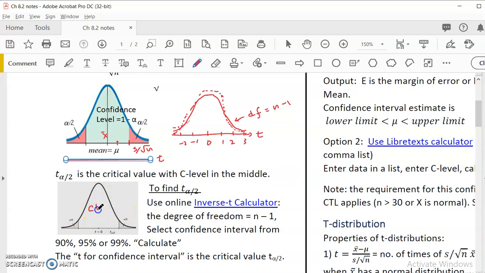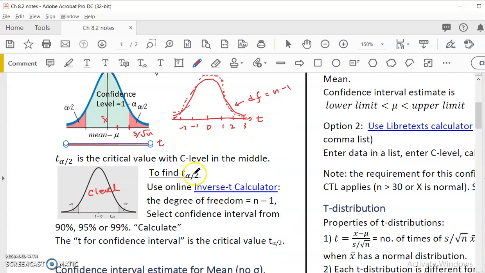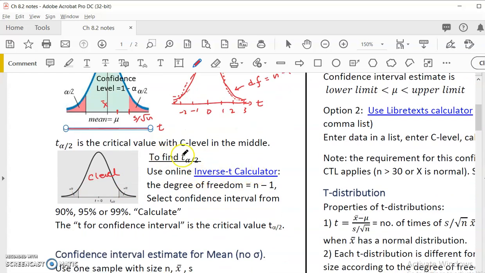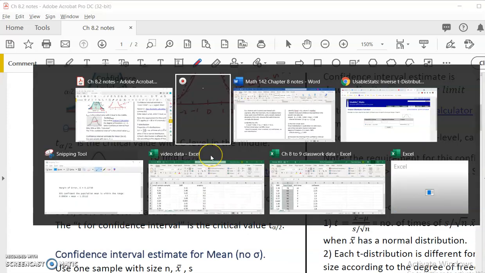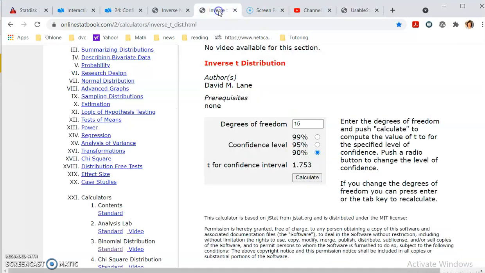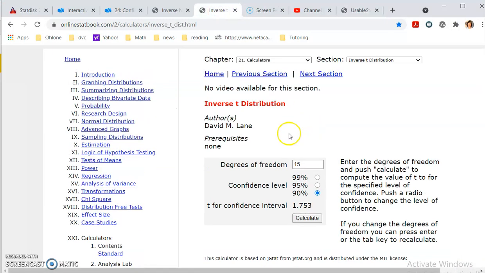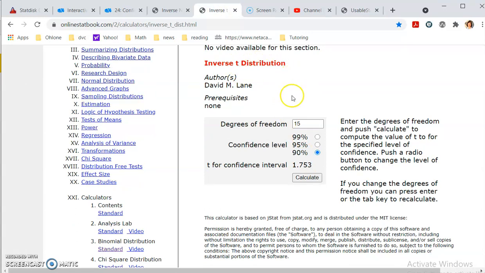So this is how it looks. If the middle is the confidence level, the two tails together would be alpha, so each tail will be alpha over 2. You would use an inverse T calculator to find T alpha over 2. The online stat book has an inverse T calculator where you enter the degrees of freedom and the middle confidence level, and it will give you the T critical value for the confidence interval.